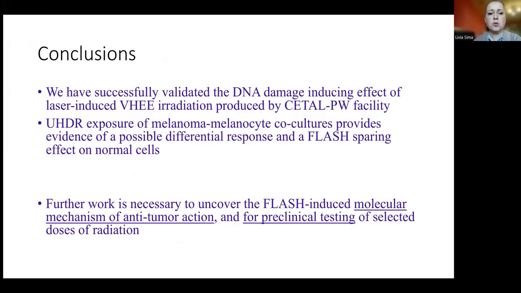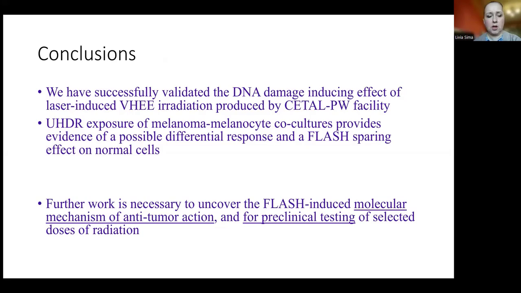So in conclusion, using TissueQuest, we have successfully validated the DNA damage-inducing effect of laser-induced very high energy electron irradiation produced by the petawatt facility in Chetal, and also ultra-high dose rate exposure of melanoma melanocyte co-cultures provides evidence of a possible differential response and a flash-sparing effect on normal cells.